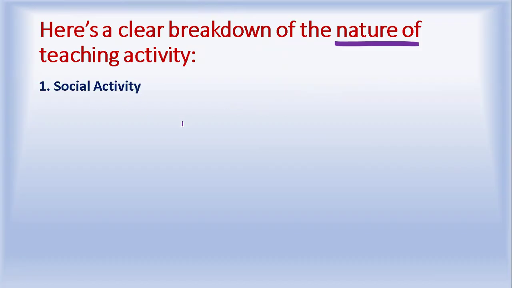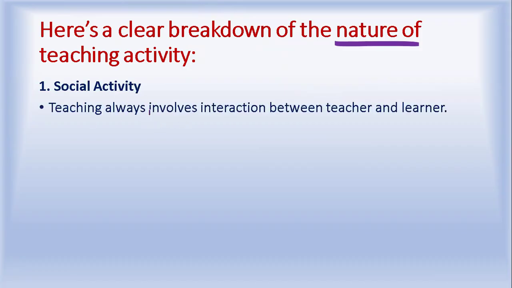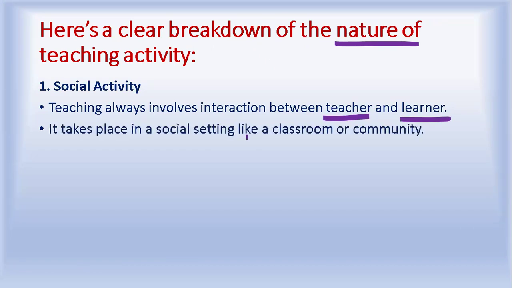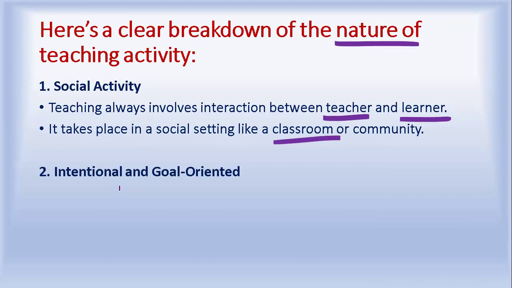First one, social activity. Teaching always involves interaction between teacher and learner. It takes place in a social setting like a classroom or a community. Second one, teaching is intentional and goal-oriented.